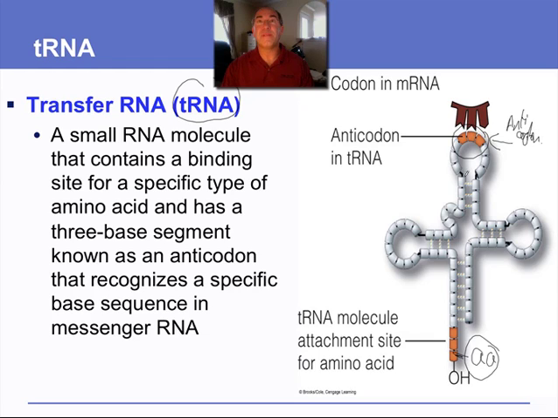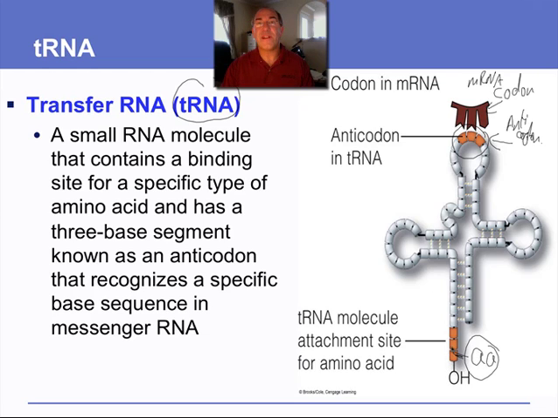And this anticodon binds to this here, which would be the codon, and that of course is on the messenger RNA. And so here is this transfer RNA molecule. The one end is the amino acid, the other end is the messenger RNA, and it is making sure that the correct codon is binding to the correct amino acid here.